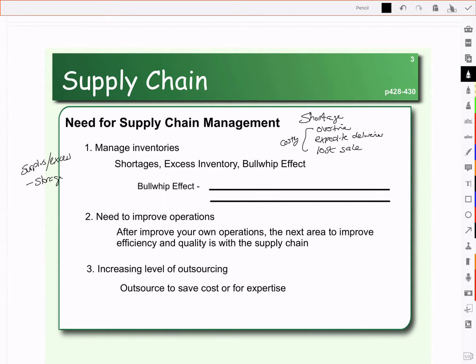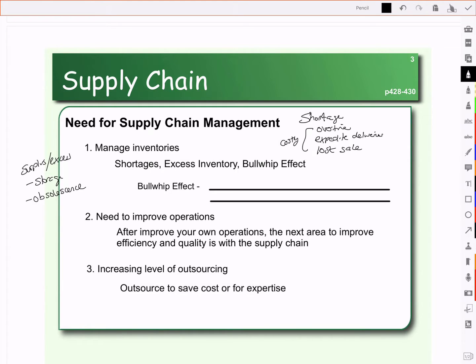Is your parking lot at your dealership big enough for all of the old trucks as well as the new trucks? And if you have too many old trucks, do you have any space for the new trucks? So it can be costly in terms of storage. It can also be costly in terms of obsolescence.